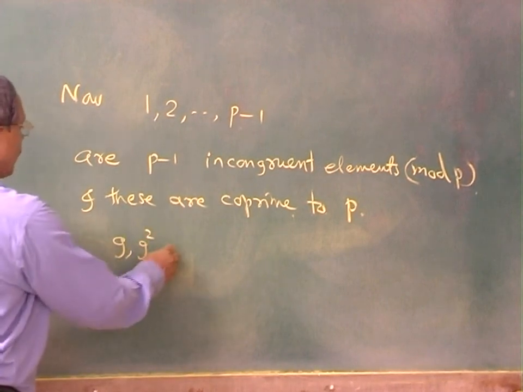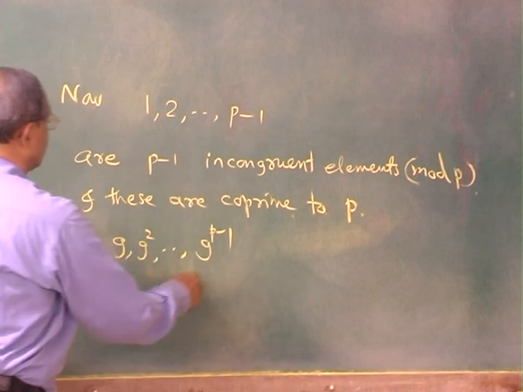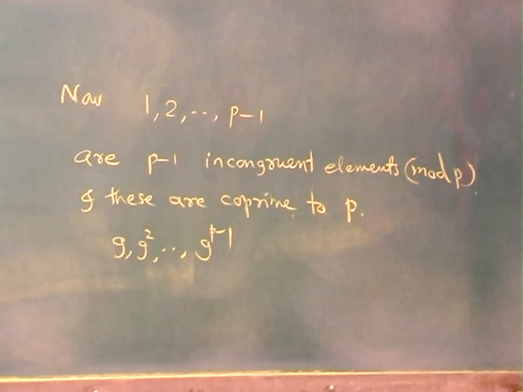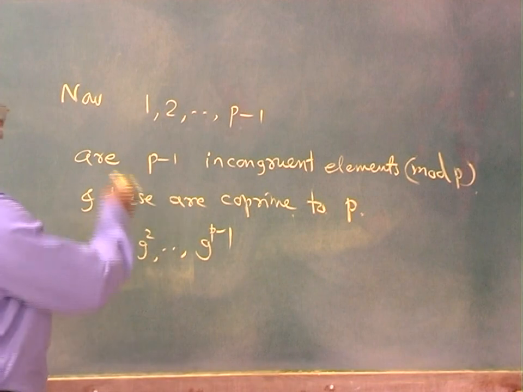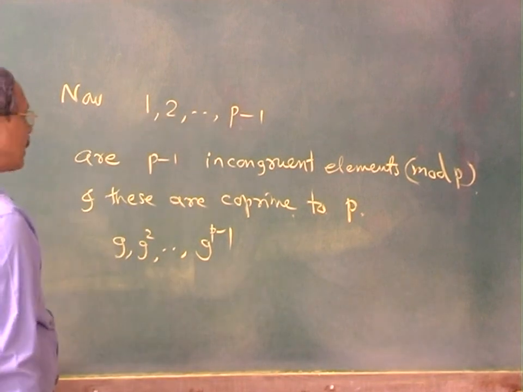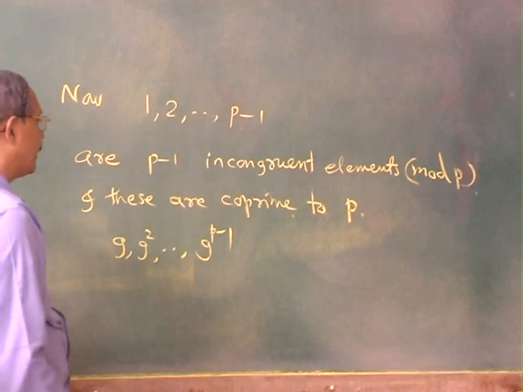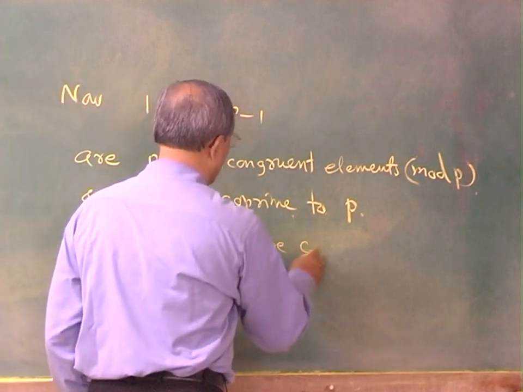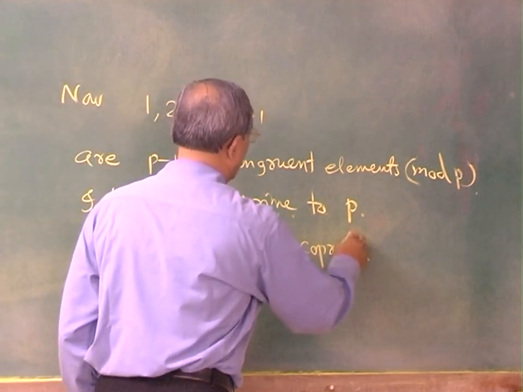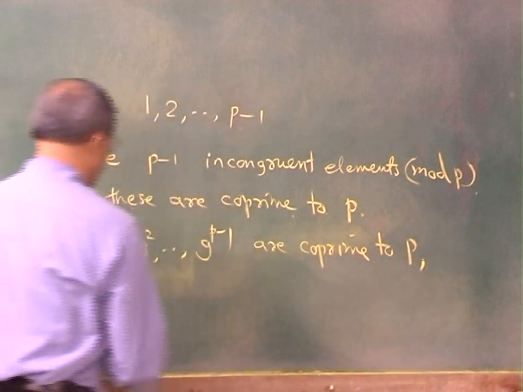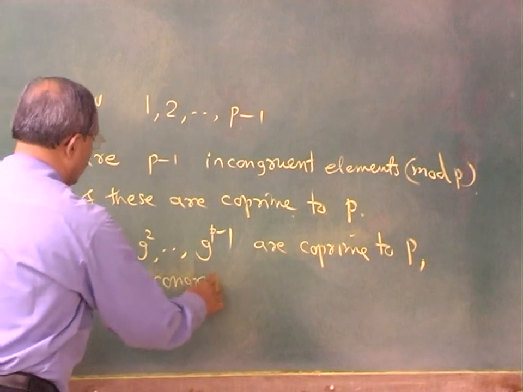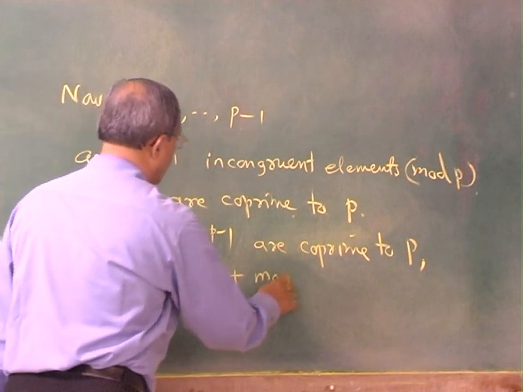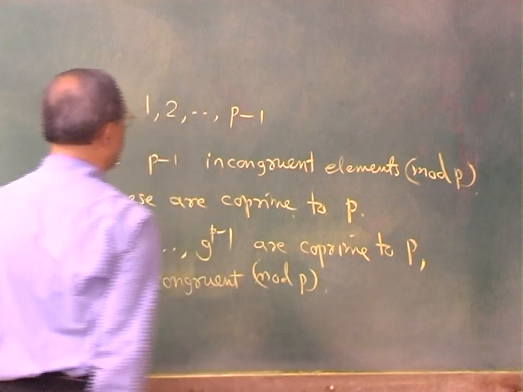g, g square, etc. g raised to p minus 1, they are also incongruent mod p. They are also p minus 1 in number, and therefore they must be a permutation of 1 to p minus 1 mod p, which are coprime to p and incongruent mod p.